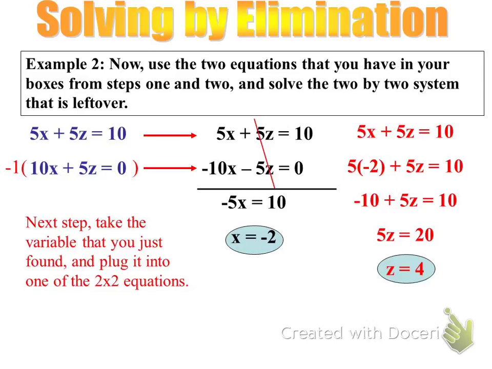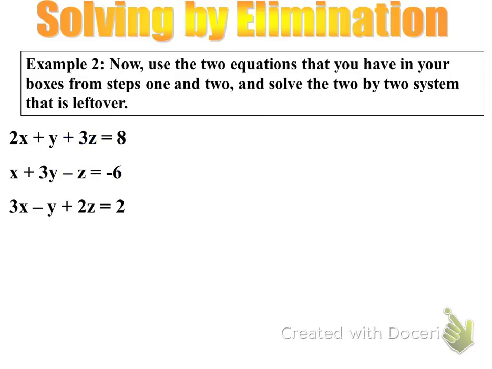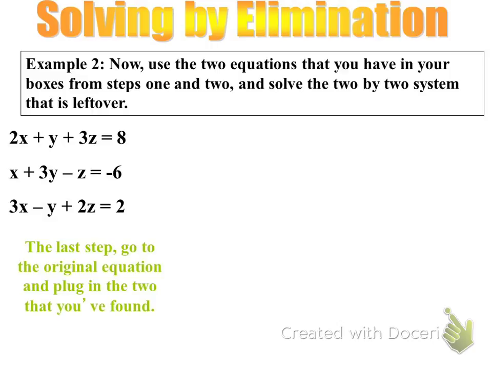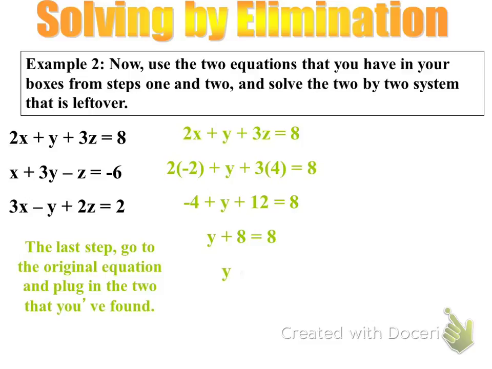x equals -2, z equals 4. So now we need to go all the way back to one of our original equations and plug in x equals -2, z equals 4. Now, you need to be really, really careful here, right? What could you do wrong here if you're not careful? You could make a substitution for the wrong variable.